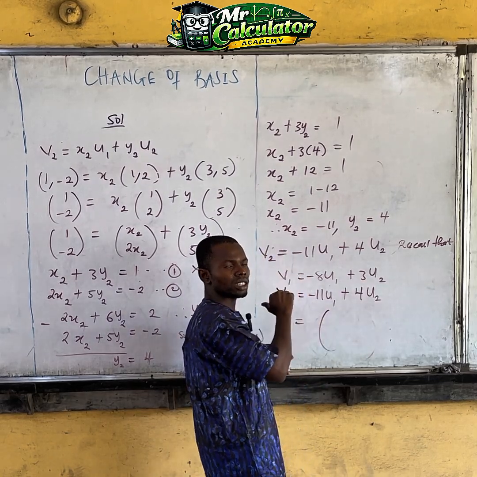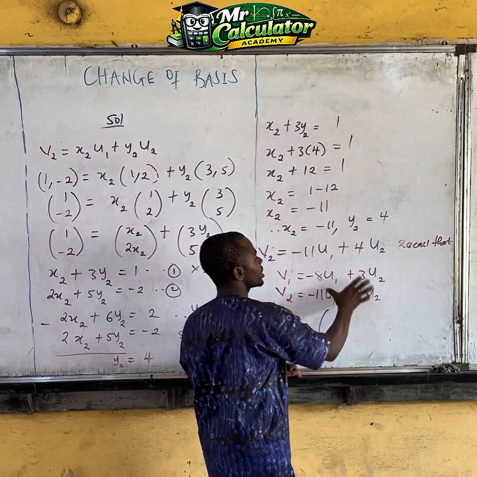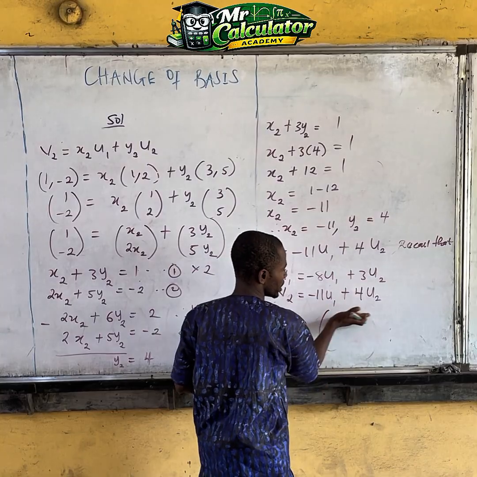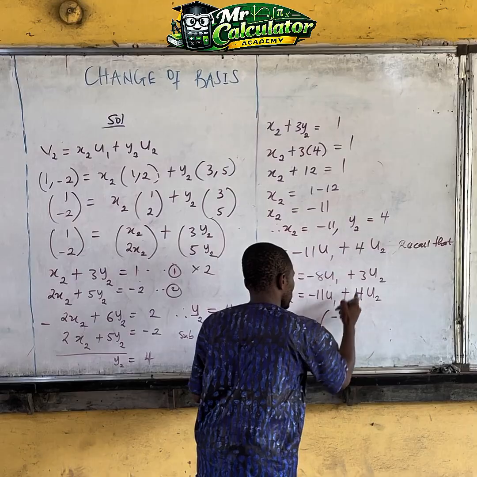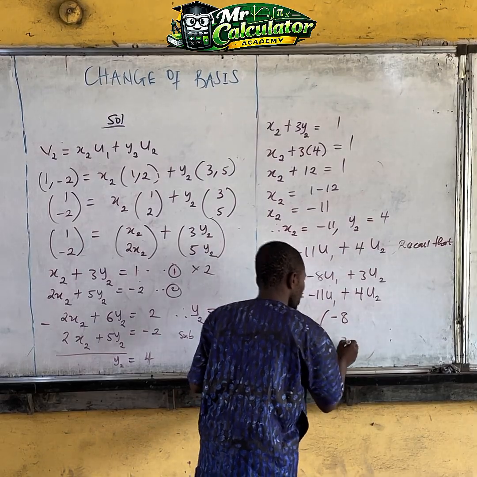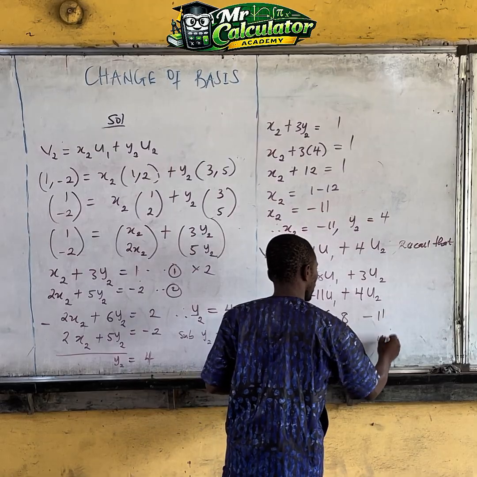Please go and look at the concept I mentioned: P is the transpose of whatever I've gotten here. Instead of writing minus 8, 3 like this in a row, it will be vertical: minus 8 and 3. And this one will now be minus 11 and 4.